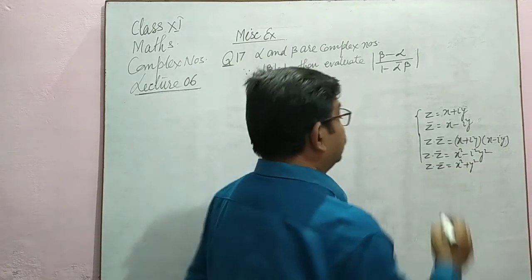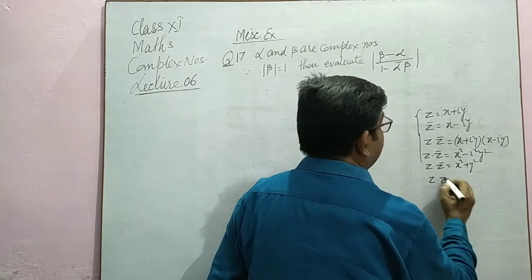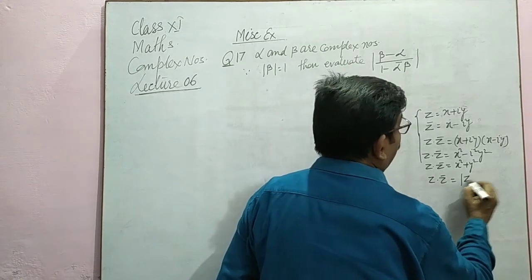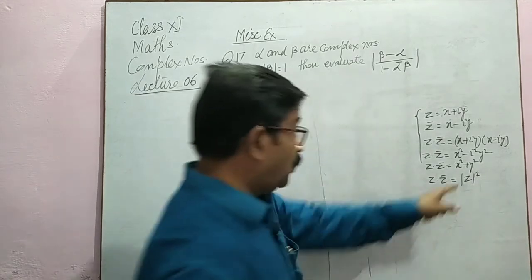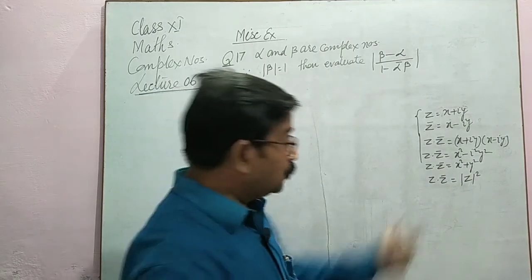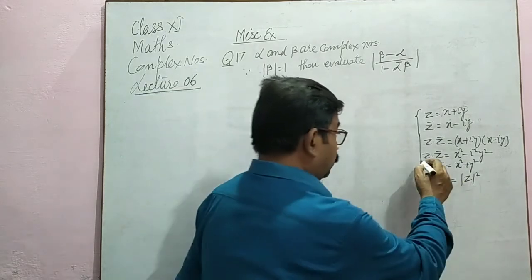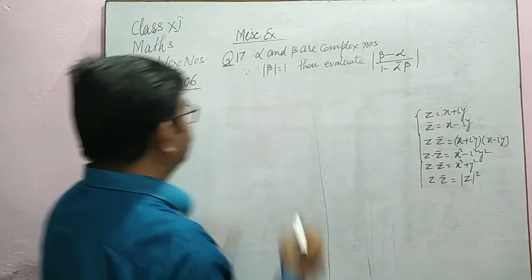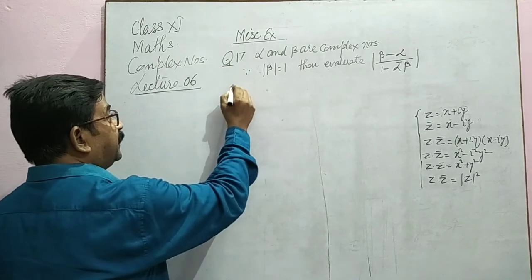We can write z into z bar is equal to mod of z square, because mod of z is equal to under root x square plus y square. So the same thing we can use here.